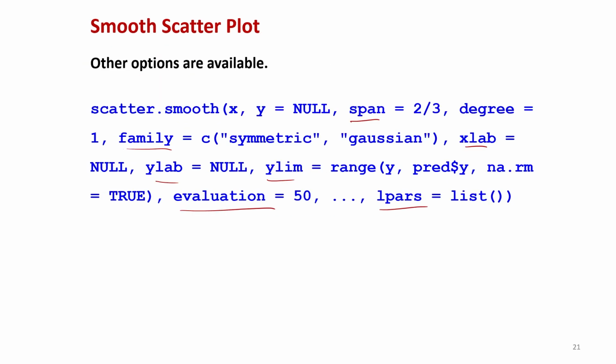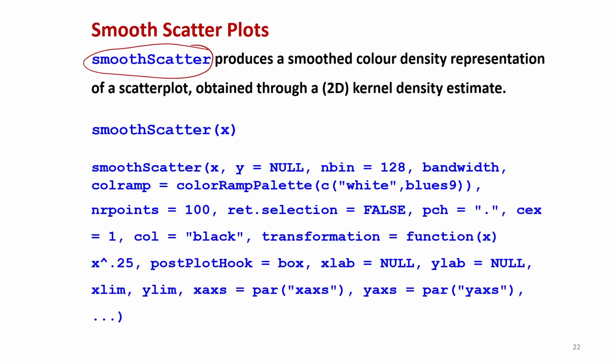Earlier, the command was scatter dot smooth, everything written in lowercase, but now it is smoothScatter, there is no dot, and the S of Scatter is the capital S, that is uppercase. So this is smooth all in lowercase, and then Scatter, in which S is uppercase and all other letters, catter, are in lowercase.